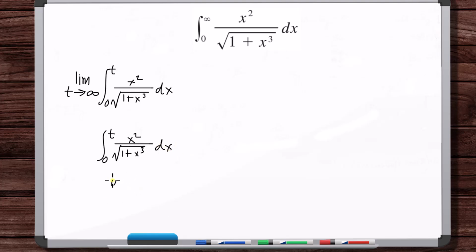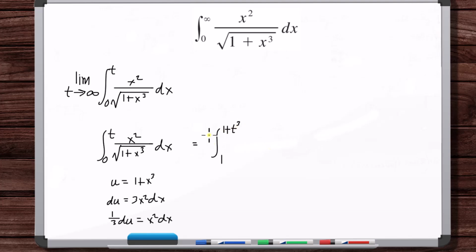so we see we can make the substitution that u is 1 plus x cubed, therefore du is 3x squared dx. 1/3 du is equal to x squared dx. So okay, when x is equal to 0, u is equal to 1. When x is equal to t, u is equal to 1 plus t cubed.